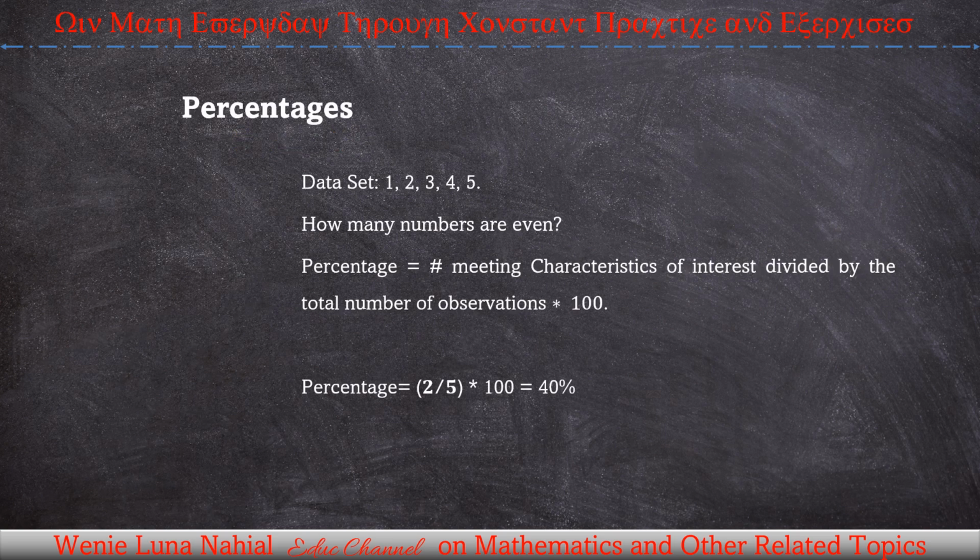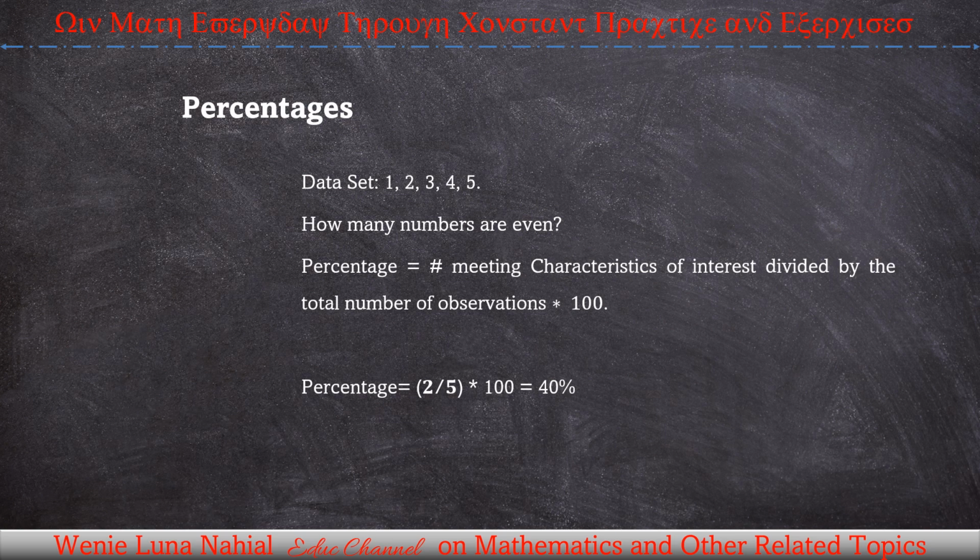Okay, we have here the data set 1, 2, 3, 4, 5. The question is, how many numbers are even? So if we take the percentage of the even numbers in the given data set, percentage equals the number meeting the characteristic of interest divided by the total number of observations times 100.